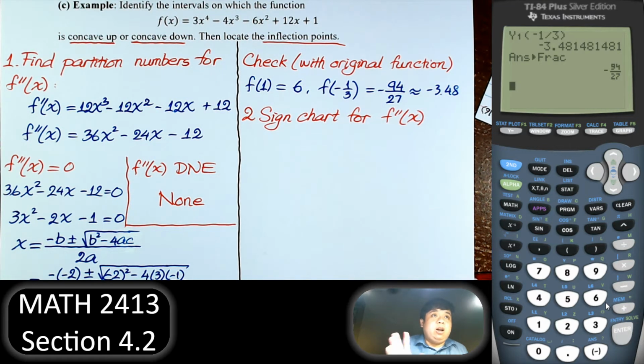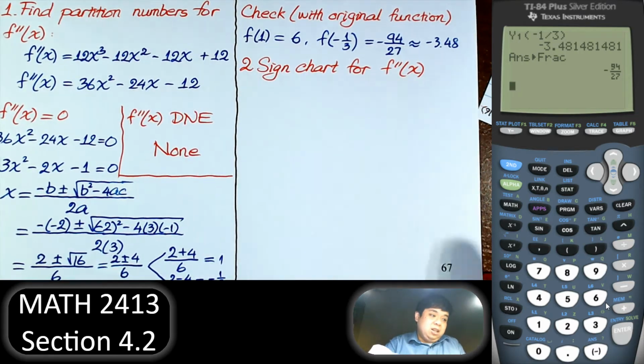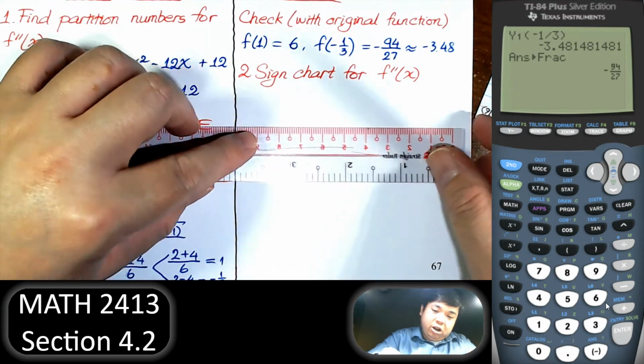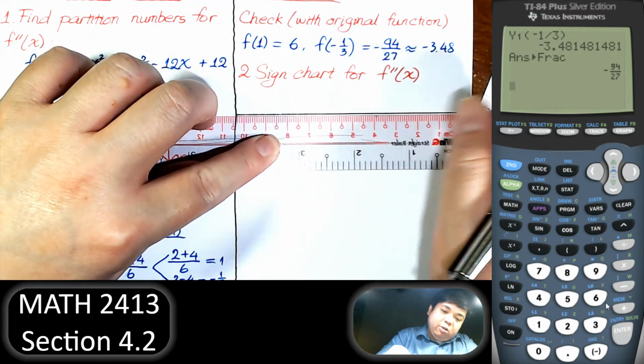All of those come from the second derivative. If the question asks us for increasing, decreasing, local max, local min, we do the sign chart for the first derivative, because that comes from the first derivative. Right, now to draw a sign chart for the second derivative, which is the same as for the function.